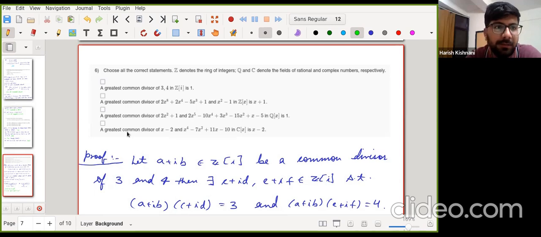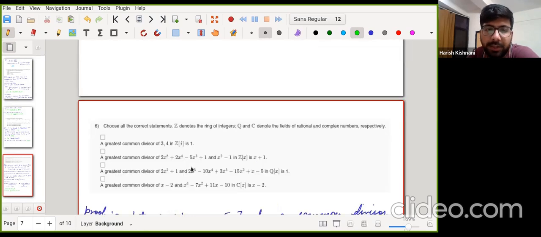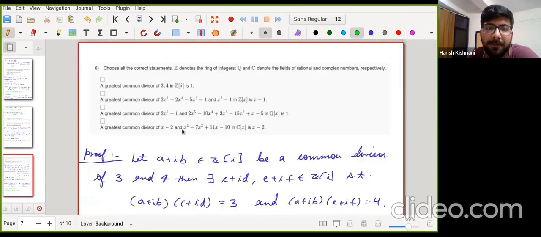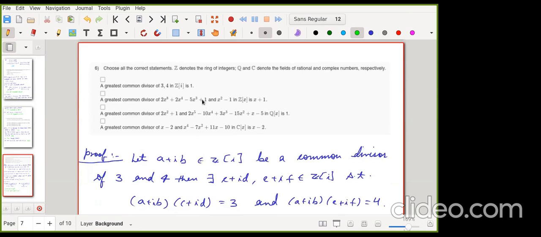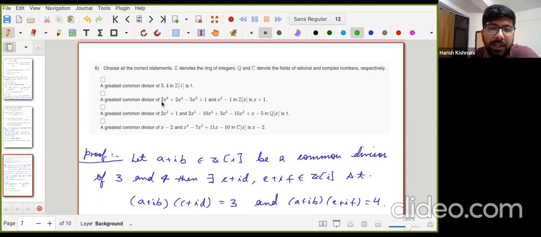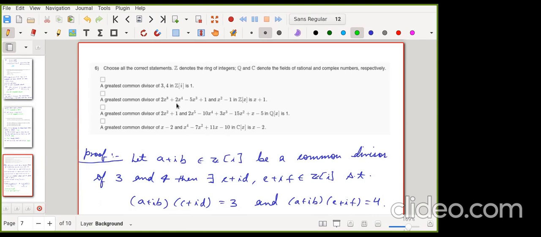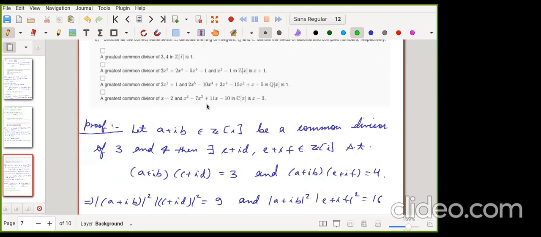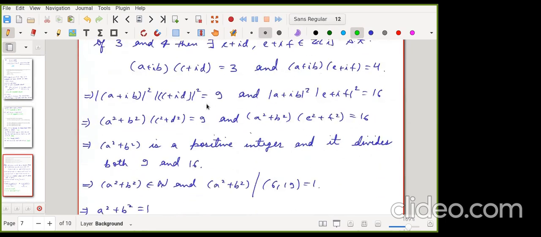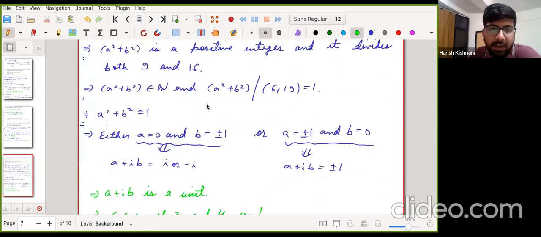But in x plus 1 itself, the sum of coefficients is non-zero. So if x plus 1 is a factor for both, then minus 1 is a root. When the sum of the coefficients is 0, yes, you are right.